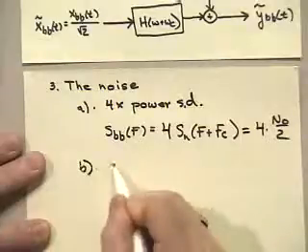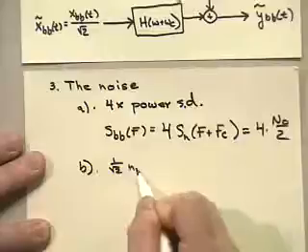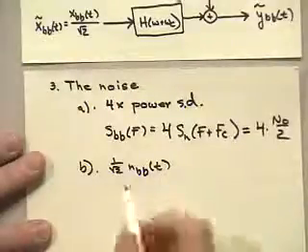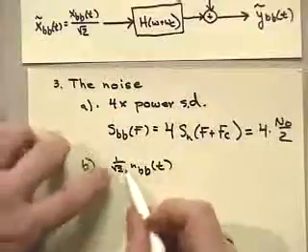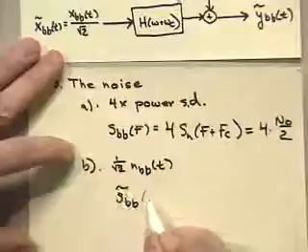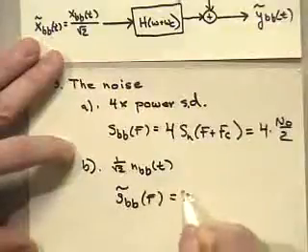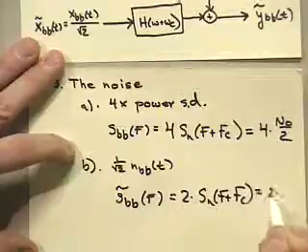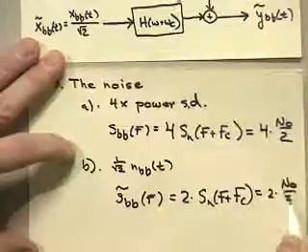But if I had instead 1 over square root of 2 n_bb of t, then I have an extra factor of 1/2 in terms of power because I square this. So my S_bb tilde of f, if you will, is going to be 2 times S_n of f plus fc, which is 2 times N naught over 2.